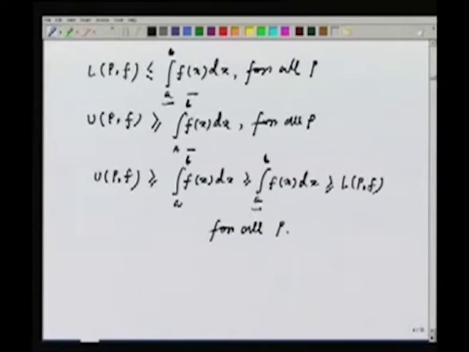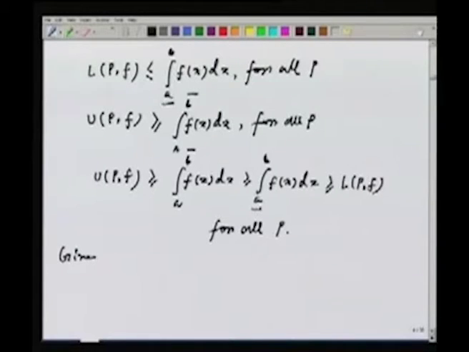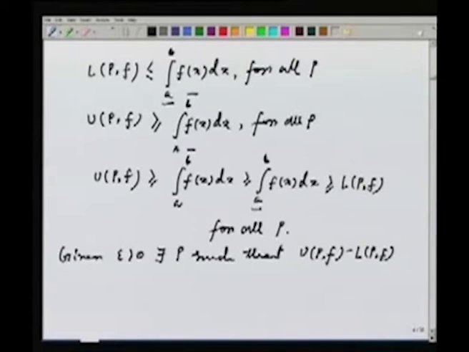Now the given criteria tells me that given epsilon bigger than 0, there exists P such that U(P,f) minus L(P,f) is less than epsilon.